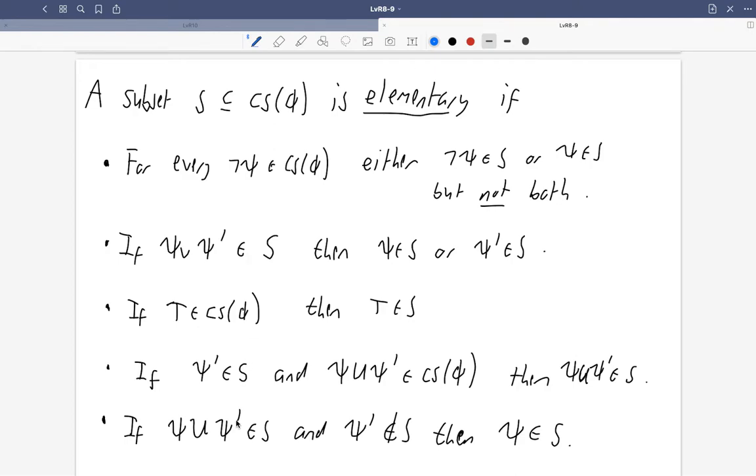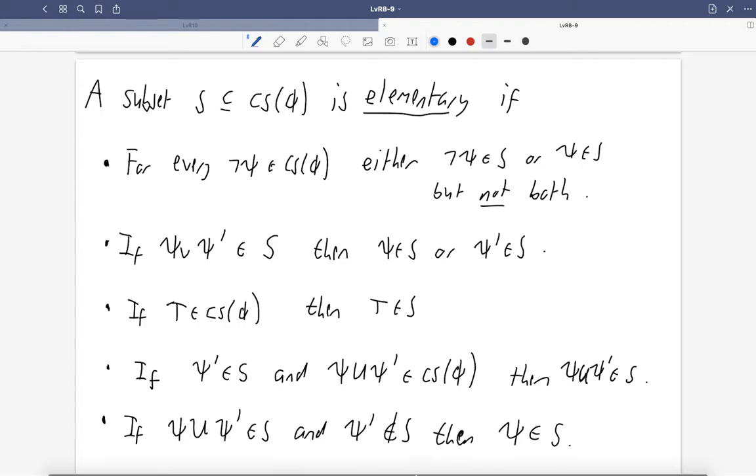So for example, if psi prime is true at the state S, then psi until psi prime is vacuously true because the right-hand side is already in the set. So if that's a complemented subformula, it needs to be in the set, because we know it is also true by virtue of psi prime being true.